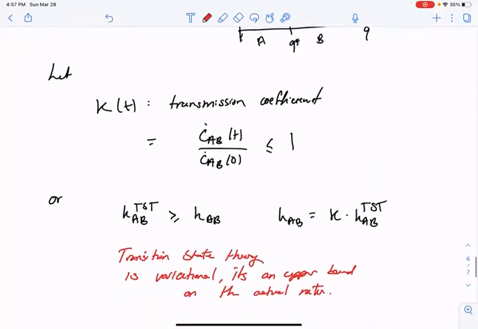And a correction to transition state theory can be constructed by computing the so-called transmission coefficient, which, if one could compute exactly, would give rise to the exact rate in a two-step procedure whereby one first computed the transition state theory estimate and then the transmission coefficient.